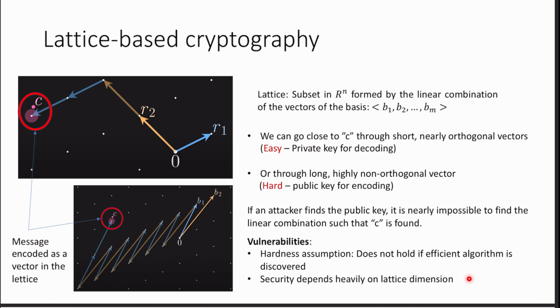Also, it depends on the dimension. This is only two dimensions to illustrate the problem. However, it could go to 1000 dimensions, which would make the problem harder to solve. So it would make it a stronger crypto system.